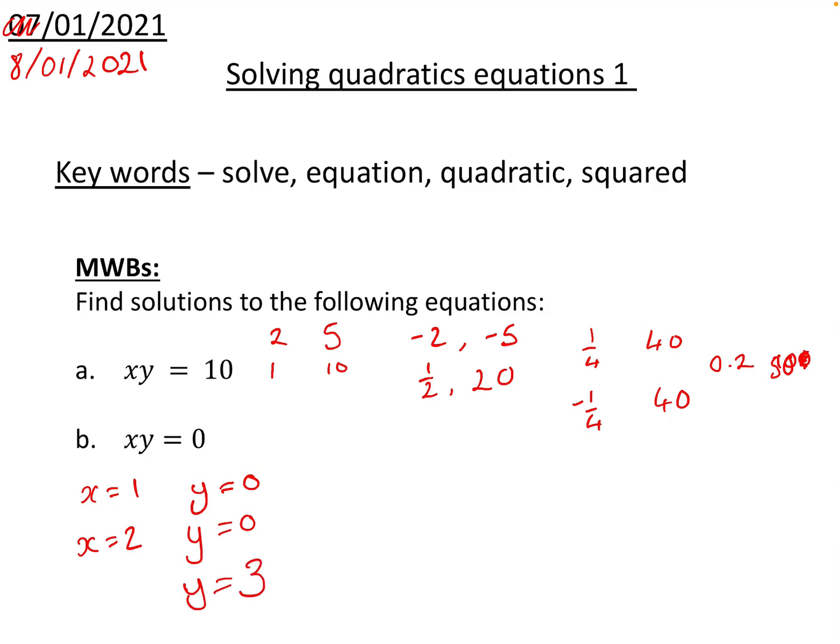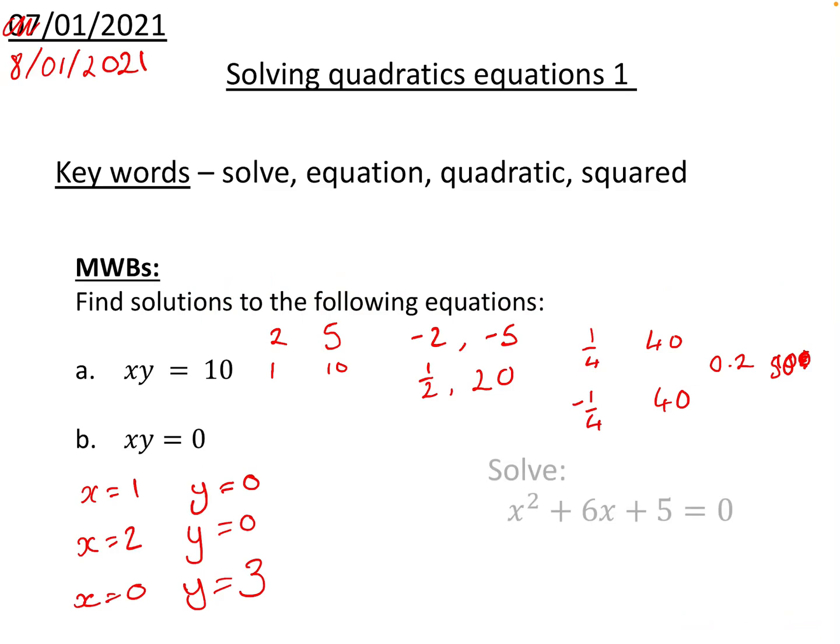Well, the only number I can multiply 3 by to get 0 would be 0. So there are infinite solutions, because where I keep y as 0, x can be absolutely any number. It could even be negative, it could be a fraction, it could be a decimal. But y must remain as 0, or else I could opt to have x as 0 and then y can change. So there are infinite solutions, but as long as one of them is 0, it will work for the equation.